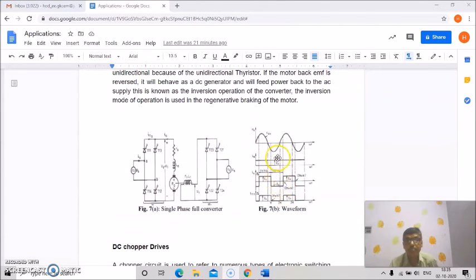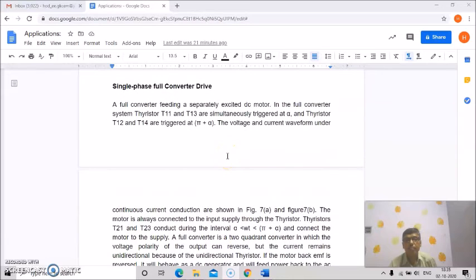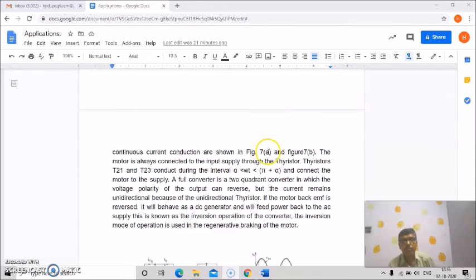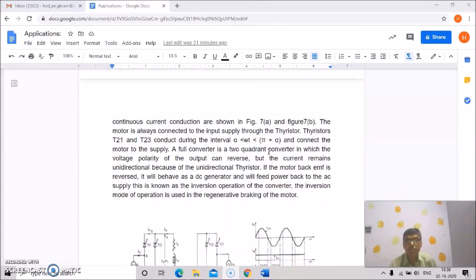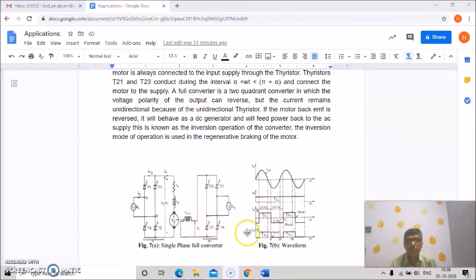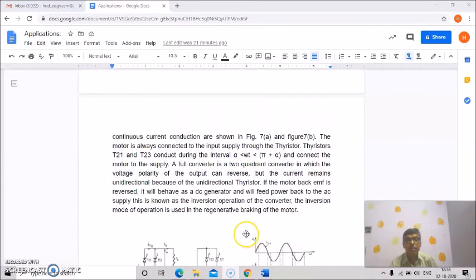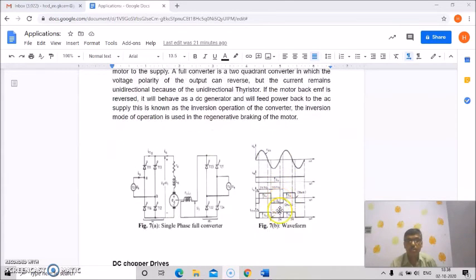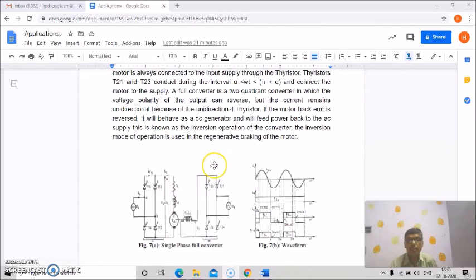So with this, the voltage and current waveforms under continuous and discontinuous conduction are shown in these two figures. The motor is always connected to the input supply through the thyristors.